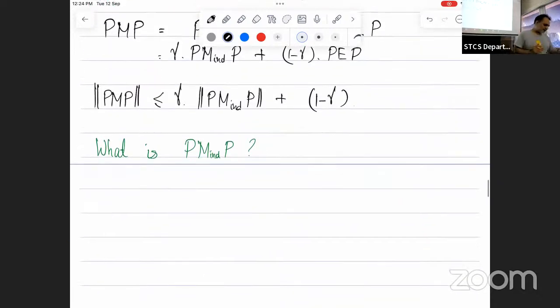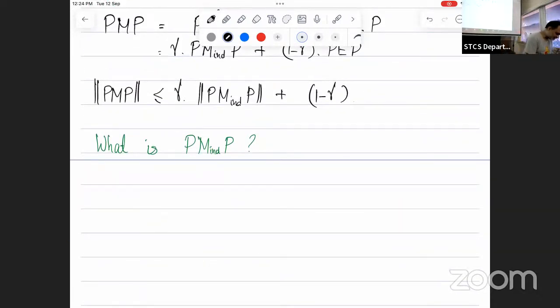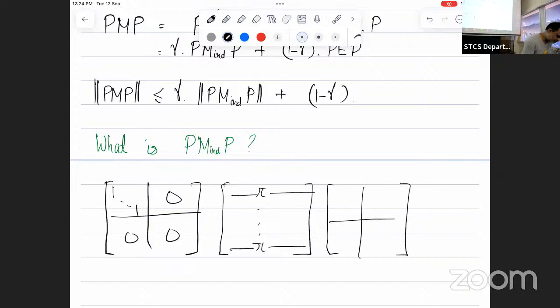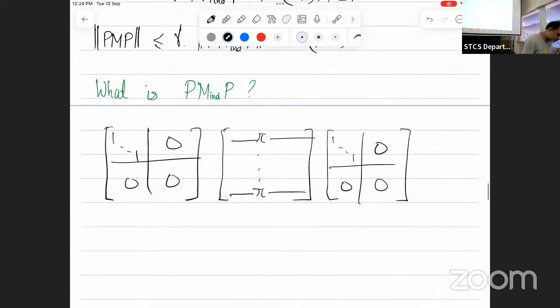Okay. So what is PMP going to look like? Let's write this down as a matrix. So P looks like this, and then there is M, which is like pi's, and then there is again a P. So what is this matrix product going to end up doing? It's always good to think of things on the left as row operations and things on the right as column operations.